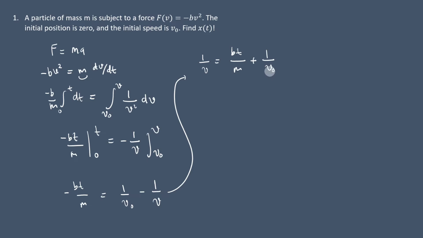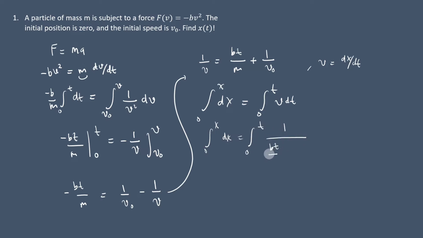Okay, like that. Solving for v, writing it as dx/dt, and then separating variables and integrating, where v is dx/dt, the integral from 0 to x of dx equals the integral from 0 to t of v dt, and then we substitute v on the right side by 1 divided by (bt/m plus 1/v0) dt.